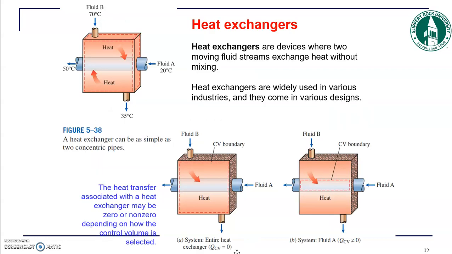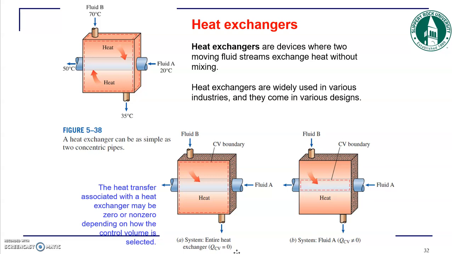The third one that we're going to introduce is the heat exchanger. A heat exchanger is a device where two different streams of fluid come in, they don't mix with each other, but they do transfer heat with each other. So there is a heat transfer going on, and this is a very common device in industry.